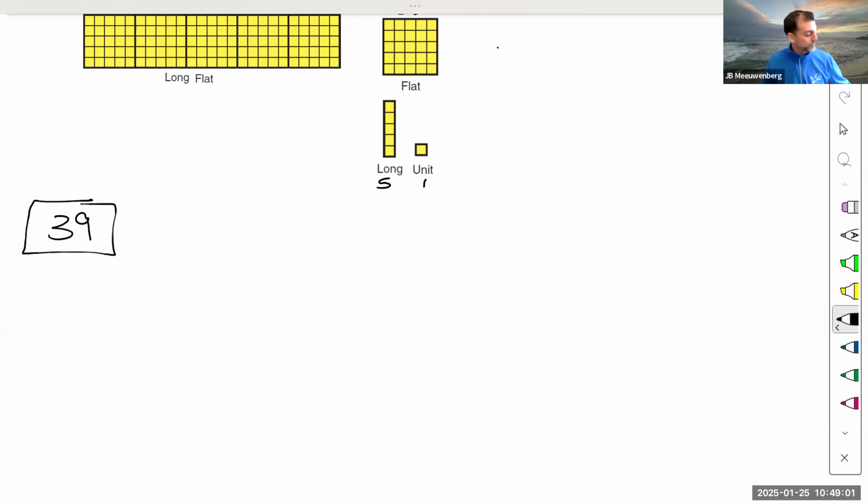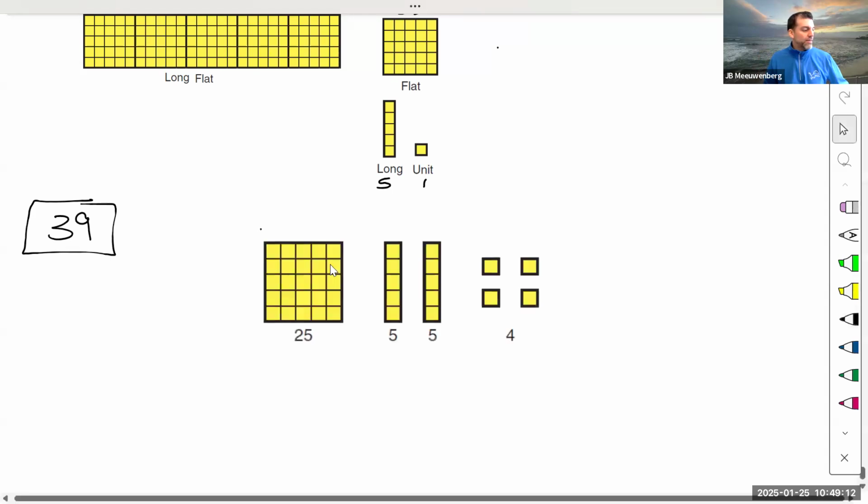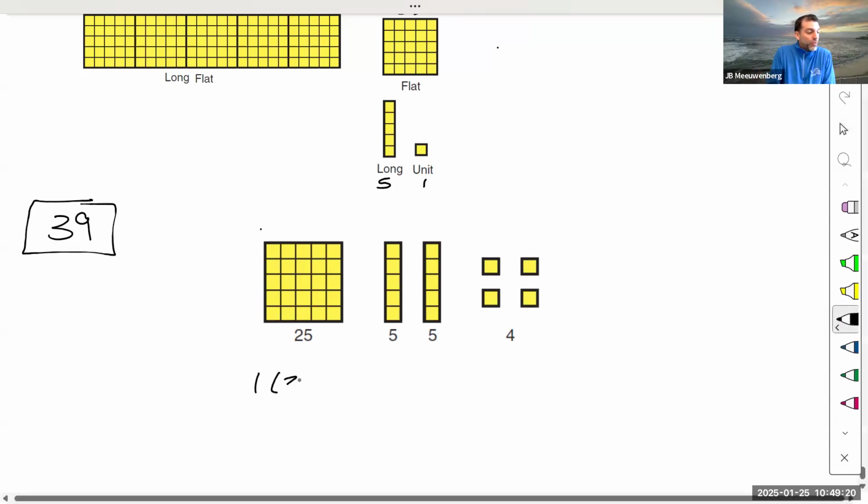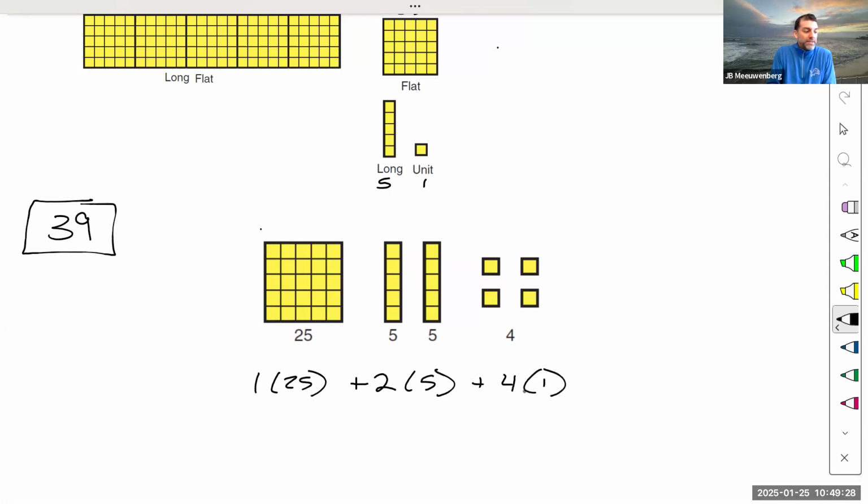And then come back. So if you've paused and you've done that, what you probably did was come up with a collection that looks like this, right? And if we start to think about this numerically, what we have is 1 of the 25 pieces, and we add that to 2 of the 5 pieces, and then we add that to 4 of the 1 pieces.